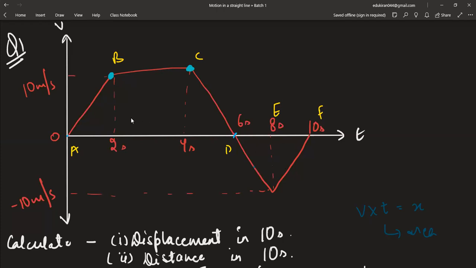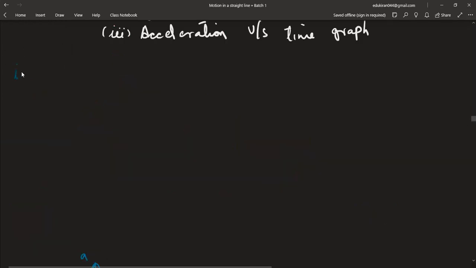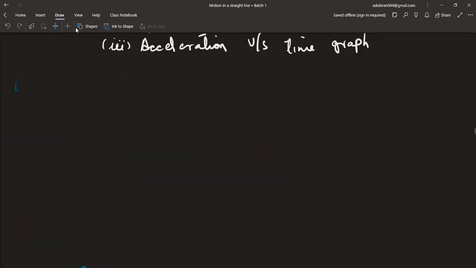Fine. Area of a trapezium. How do we calculate the area of a trapezium? Half into the sum of parallel sides multiplied by the height. See, let me write this down. First part, this is the displacement calculation.